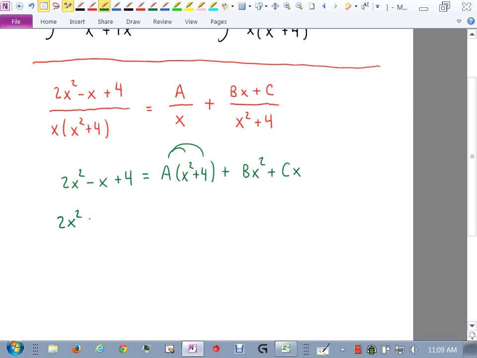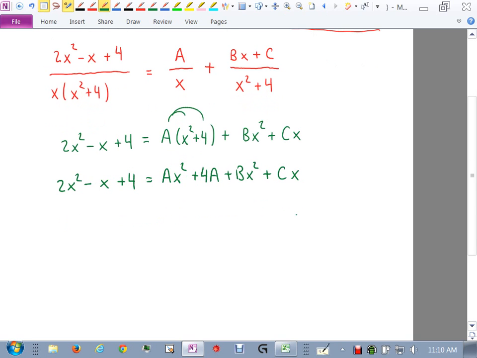I've got 2x squared minus x plus 4 must be equal to Ax squared plus 4A plus Bx squared plus Cx. And then what did we do after we expanded everything out? Combine like terms together.